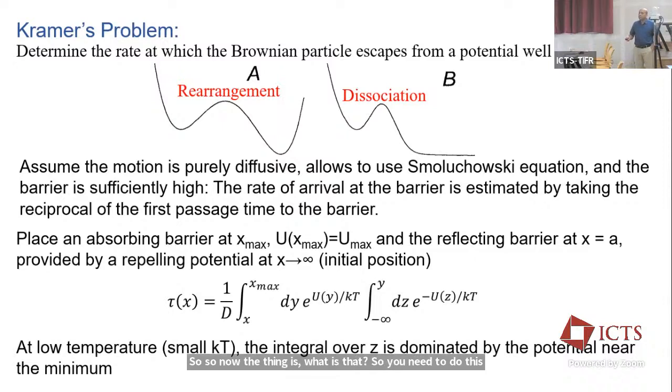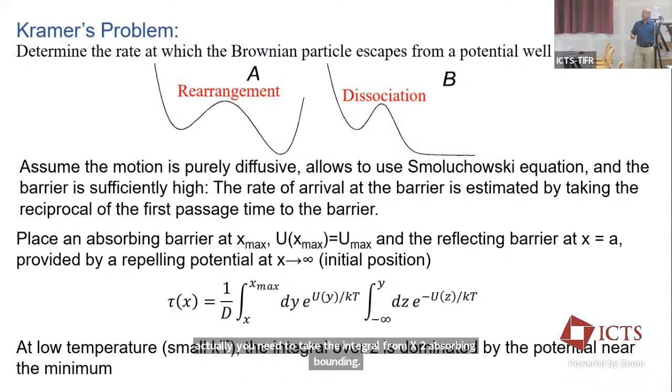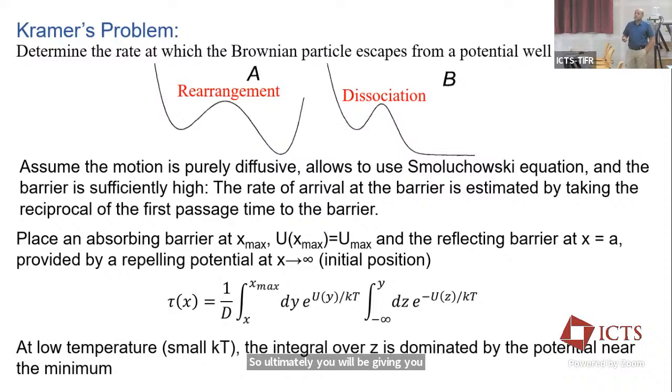You place it from minus infinity to y, some certain location. After that you need to take the integral from x to the absorbing boundary. Ultimately it will give you the mean first passage time of crossing the barrier.